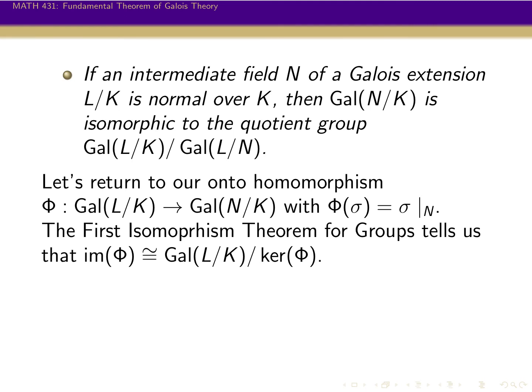The first isomorphism theorem for groups tells us that the image of this homomorphism is going to be isomorphic to the domain, the Galois group of L over K, modded out by the kernel.